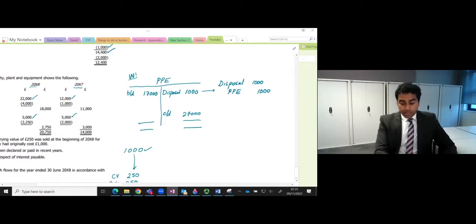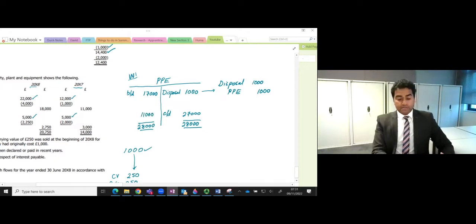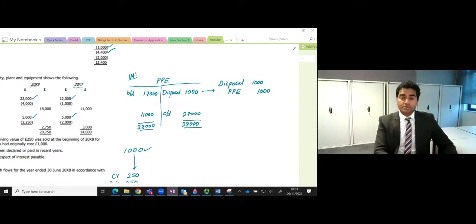So now I will close this account. It's 27,000 plus 1 is 28,000, minus the 17,000 gives me 11,000. So £11,000 is actually the value of property, plant and equipment which we have bought during 2008.